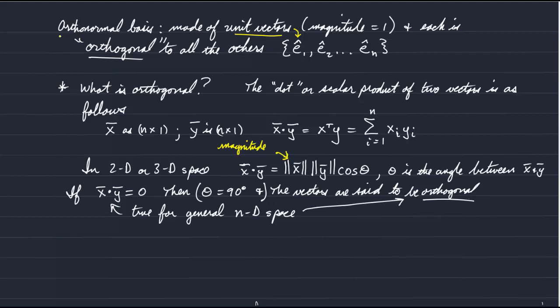So we're defining an orthonormal basis here, and we've talked about the orthonormal basis being made of unit vectors, and also they're orthogonal, and we've defined orthogonal as being such that the dot product of any of the vectors is equal to 0.